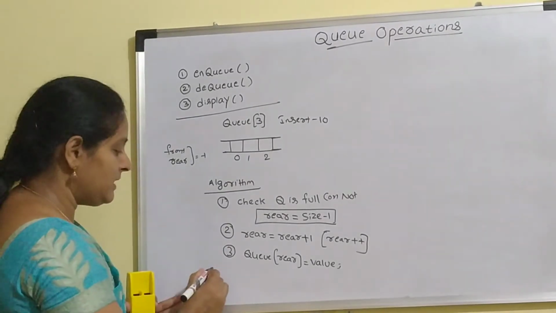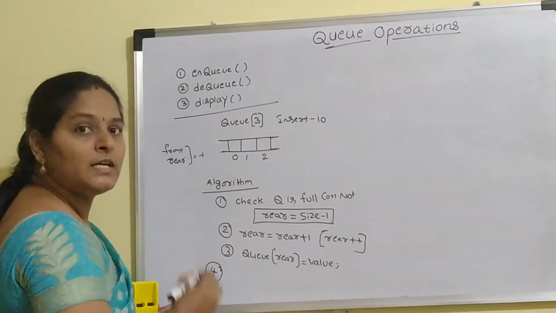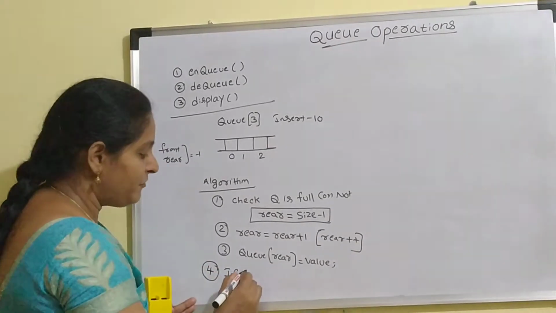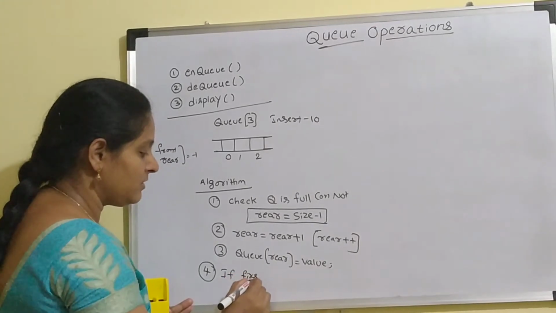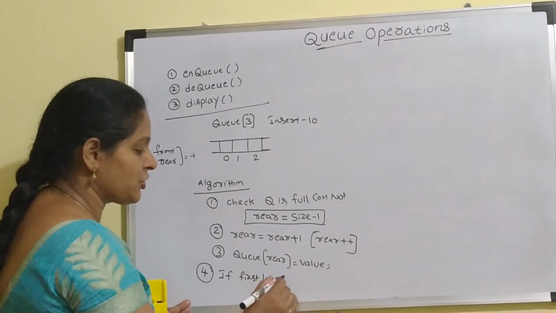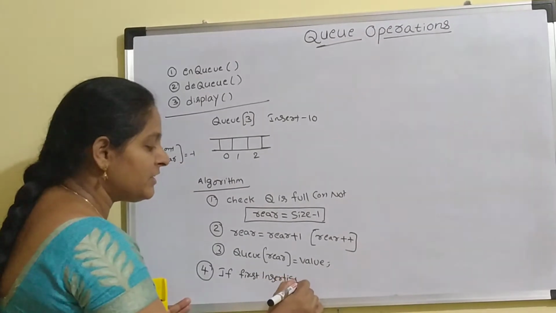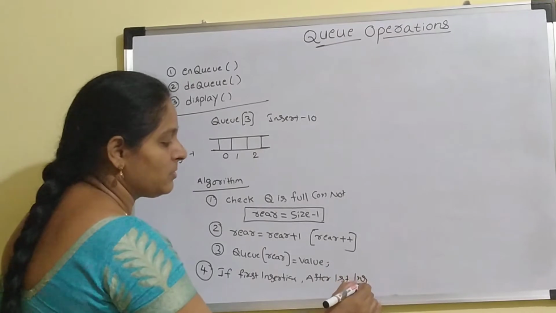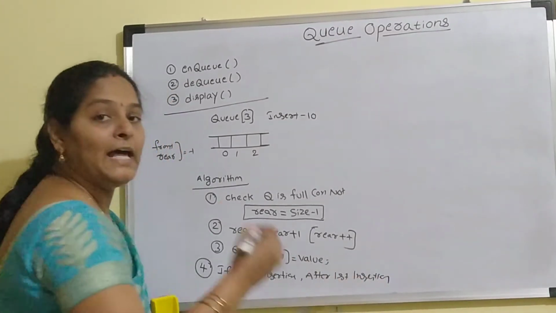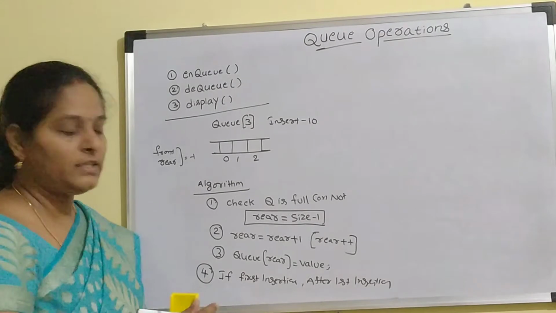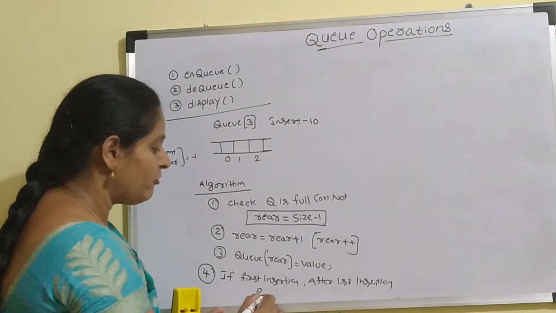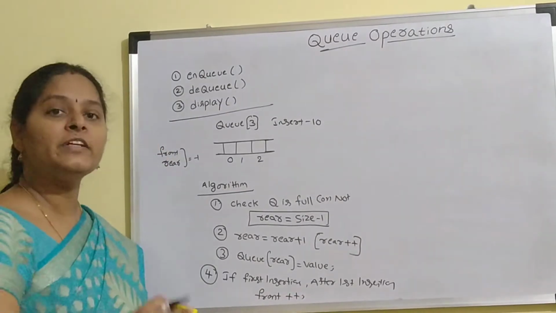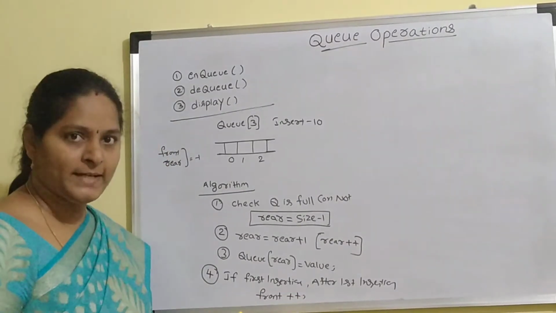And one more step is, suppose you are inserting for the first time, after the first insertion, along with the rear pointer, you should also increment the front pointer by 1, because after the first insertion your queue is not empty, right?